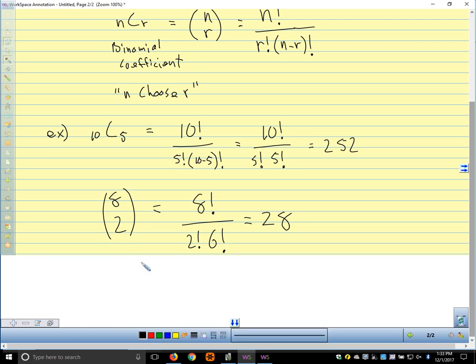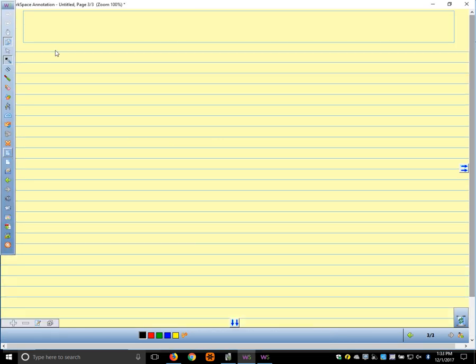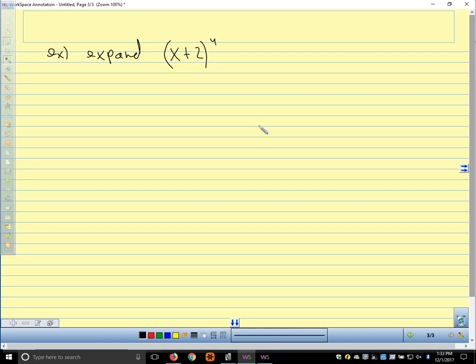All right, so let's talk about how we're going to apply this to the binomial theorem. So the kind of question you'll be asked with the binomial theorem is to expand x plus 2 to the 4th.